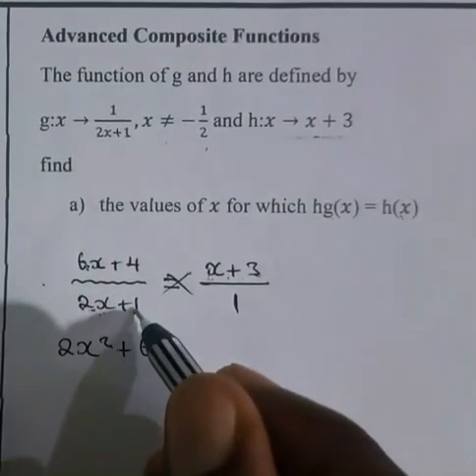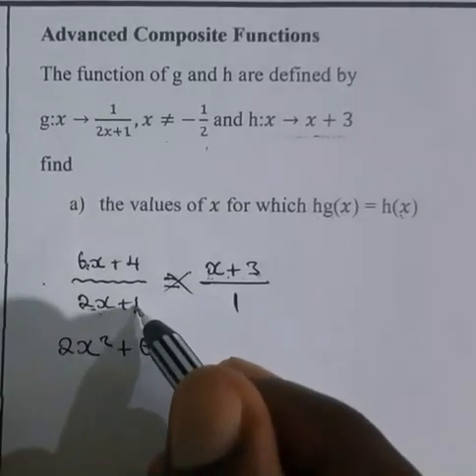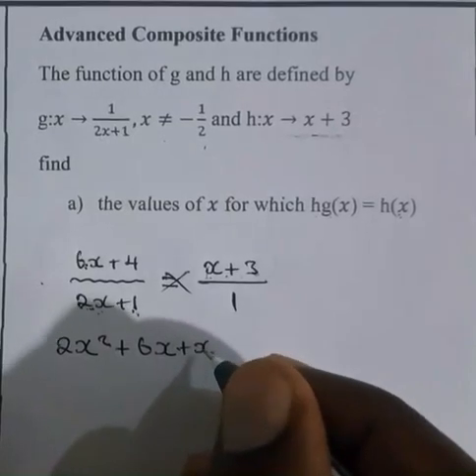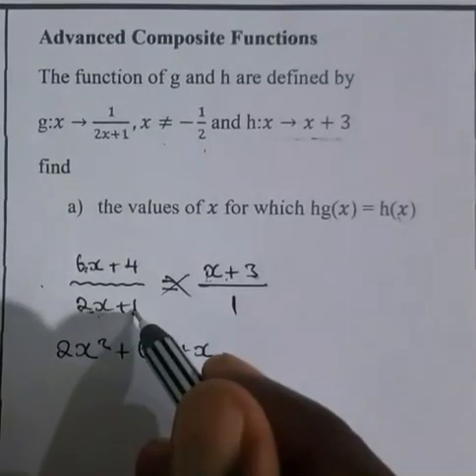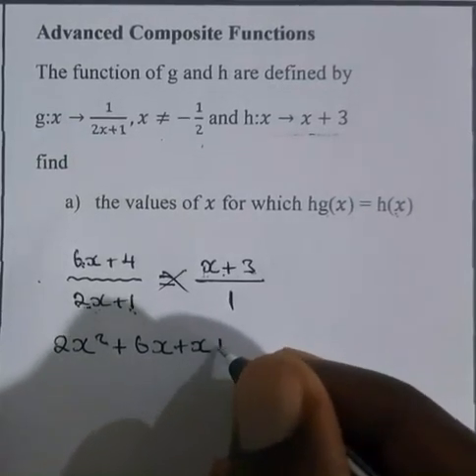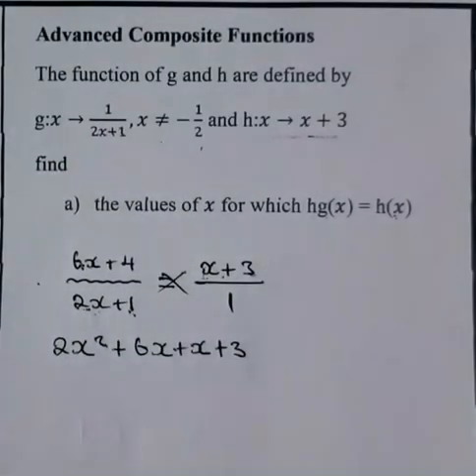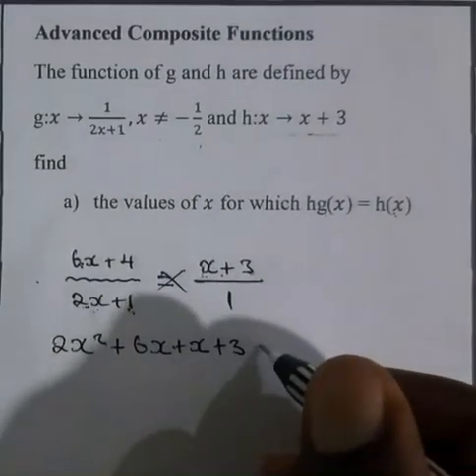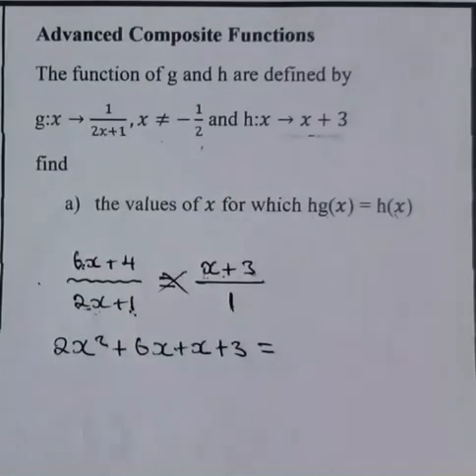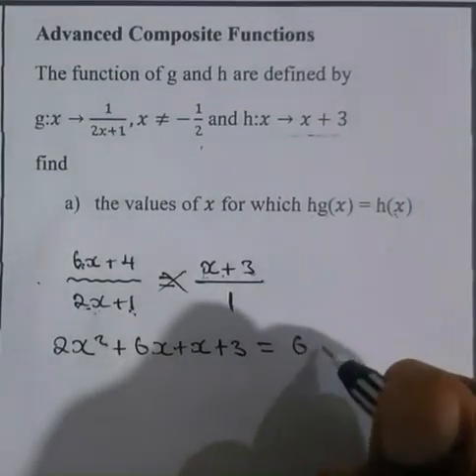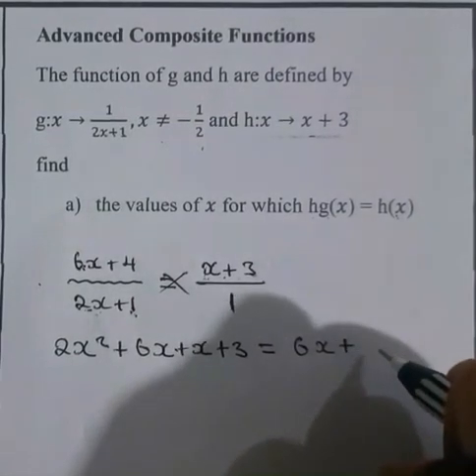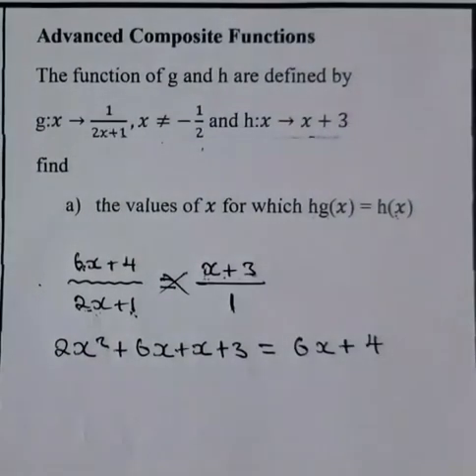Then 1 times x, the answer is x. We don't have any negative here. Then 1 times positive 3 is positive 3. Then this is equal to 1 times 6x plus 4, that is 6x plus 4.